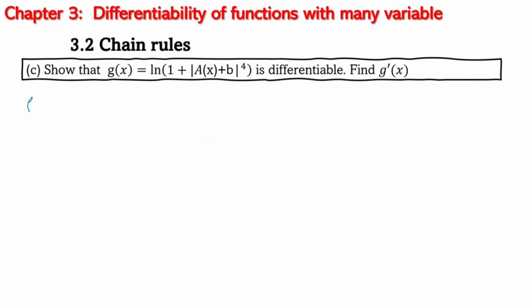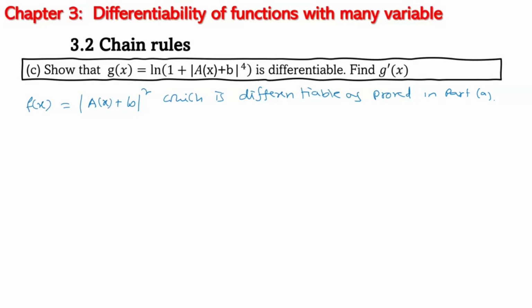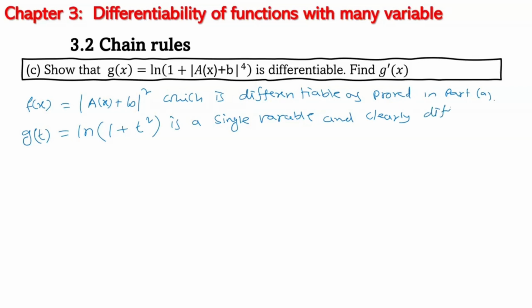For that we take two functions. f of x is equal to norm of ax plus b whole squared, which is differentiable as proved in part A. Now m of t is equal to ln of 1 plus t squared, a single variable function, and clearly differentiable.